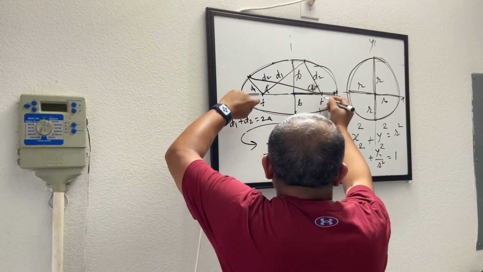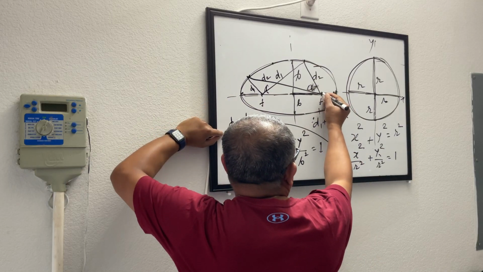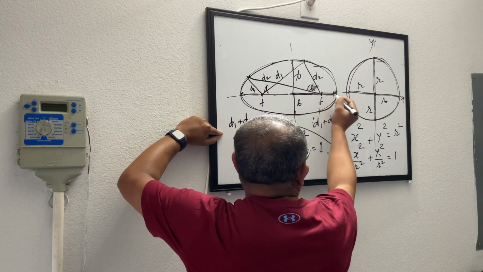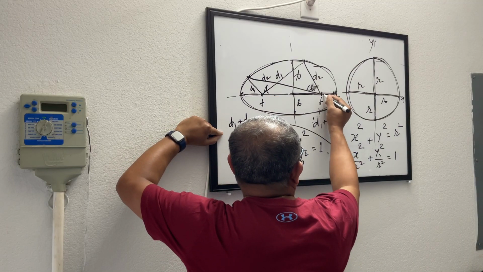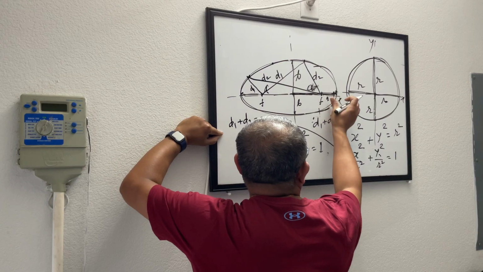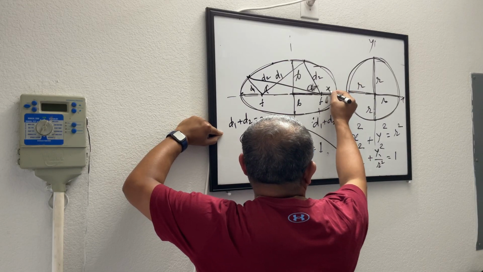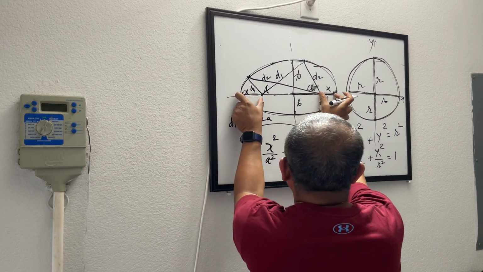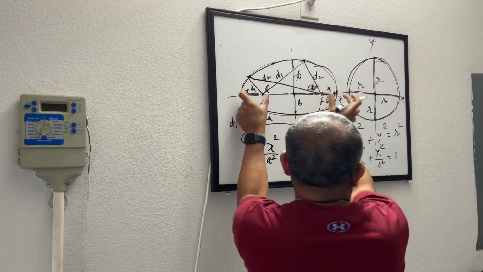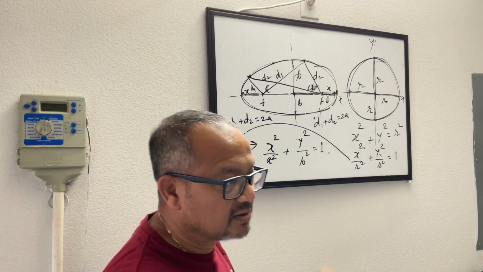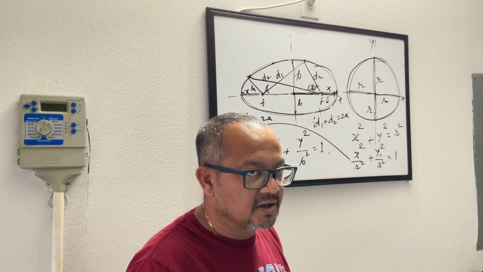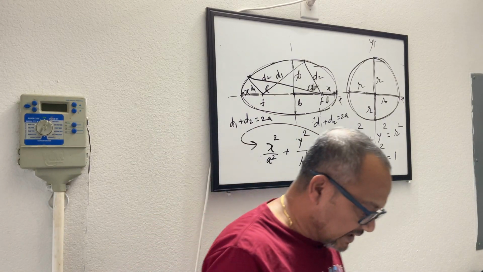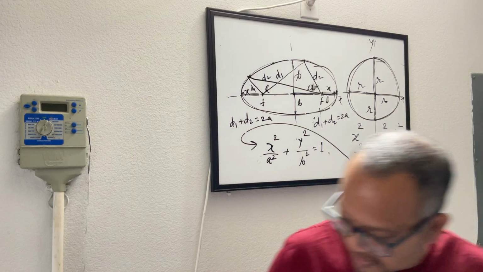If this is the first focus and this is the second focus point, the distance from the boundary here to here, let's say this is x, this will also be x. So the distance of the two focal points will be the same from the end points of the major radius. Okay. So let's double click on that a little bit.